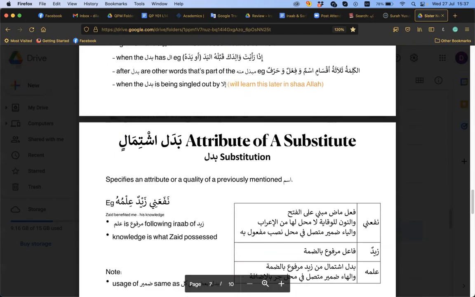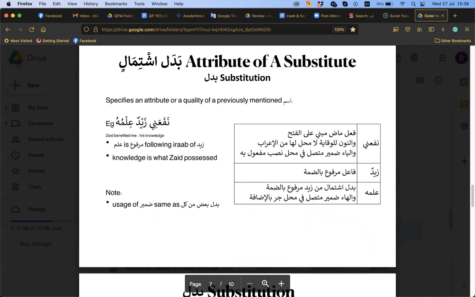And the last one is badal ishtimal. Also, this one will have a pronoun going back to it. So here, where is our badal of Nafa'ani?